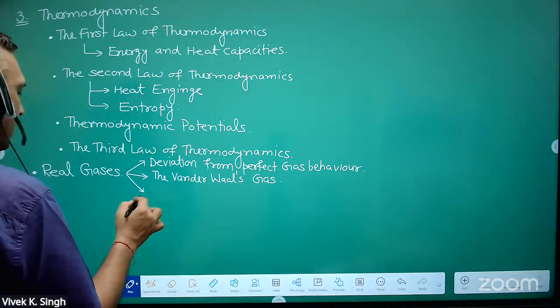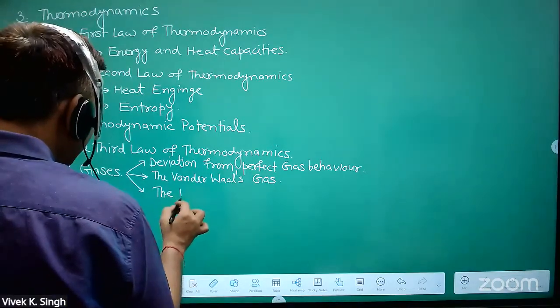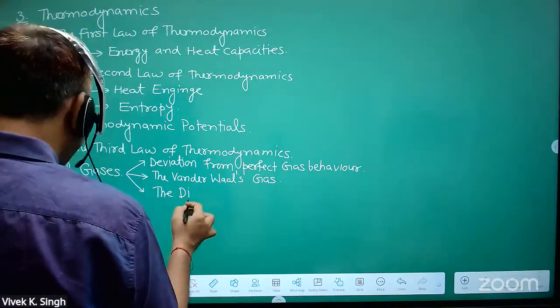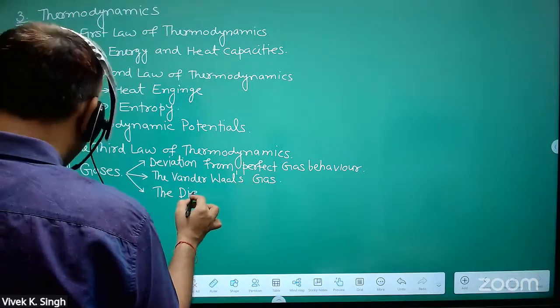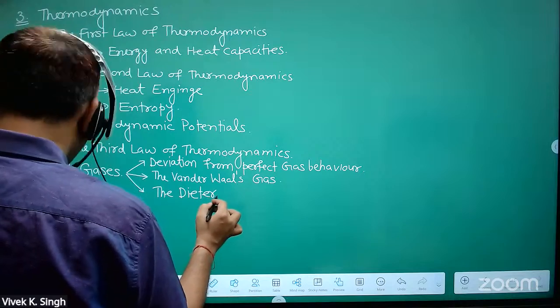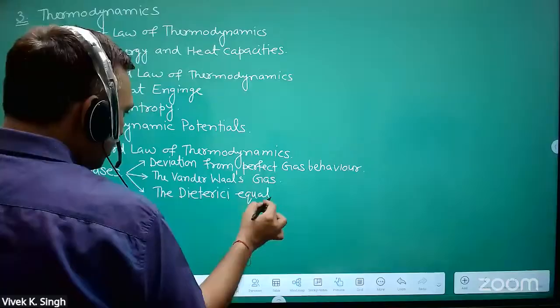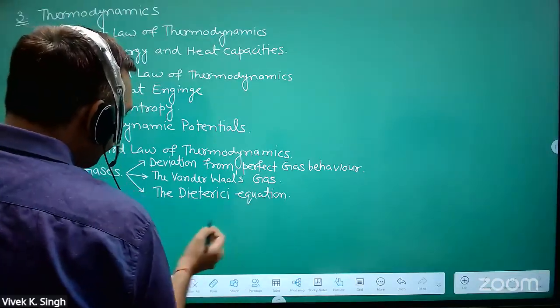There are some other equations also. One of them we call Dieterici's equation. So we will also talk about Dieterici's equation.